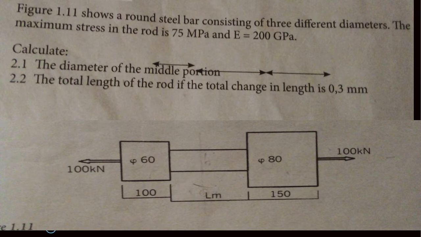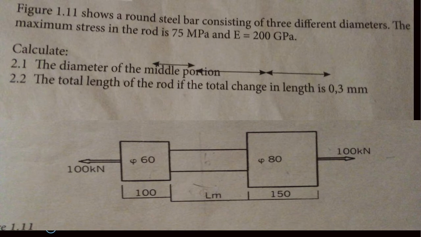0.3 millimeters. So looking at the diagram, figure 1.11 that we are given, we have a force that is applied, a force of 100 kilonewtons, and then we are having three sections. We have the first portion with a diameter of 60, a length of 100.